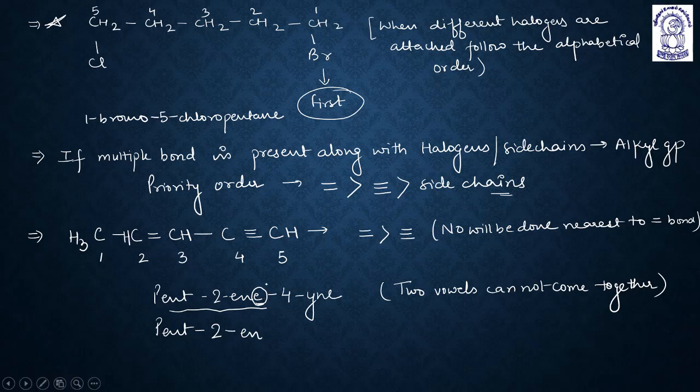ENE simply means the chain has only a double bond. But if you write EN along with 4-YNE, then this is the correct name, and this is the incorrect name. Understood?